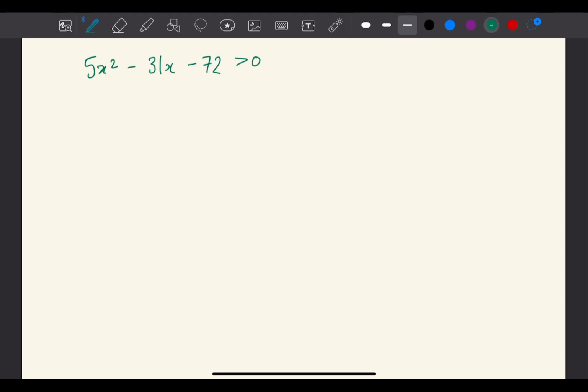Again, just to make it clear exactly what we're doing, we want to answer the question: what values of x satisfy or make true this equation? If you plug in x equals 1, will this whole thing be greater than 0? That's what we're trying to find out. What are the values of x that make this inequality true?